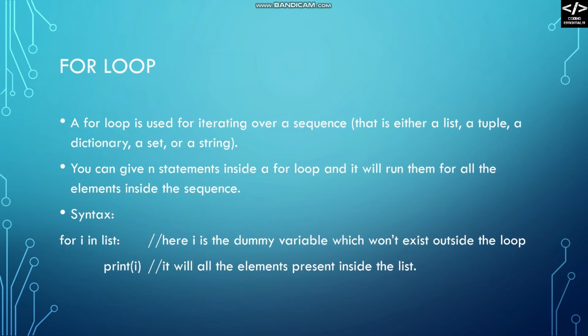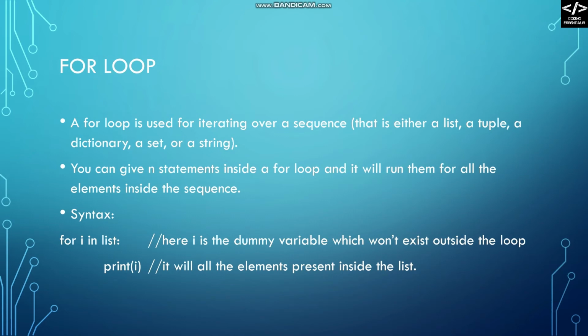Moving on to for loop. A for loop is used for iterating over a sequence. A sequence is a list, set, string, tuple or dictionary. You can give n statements inside a for loop and it will run them for all the elements inside the sequence.